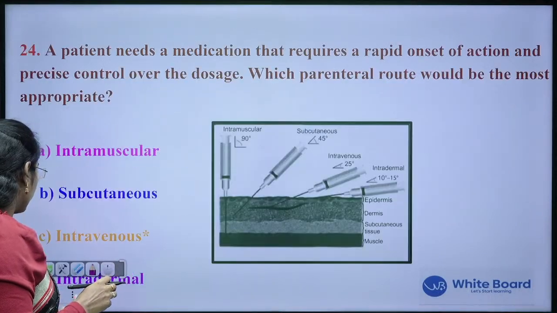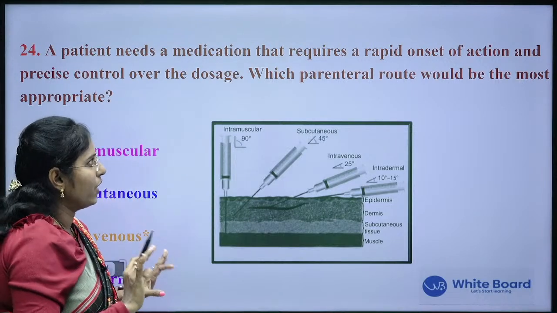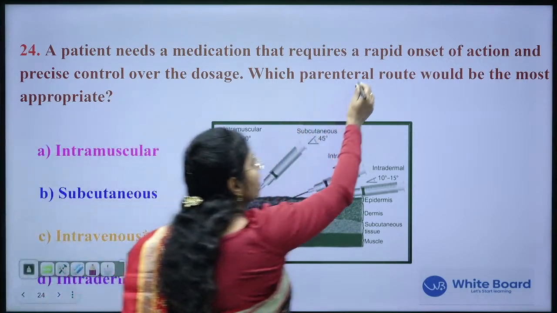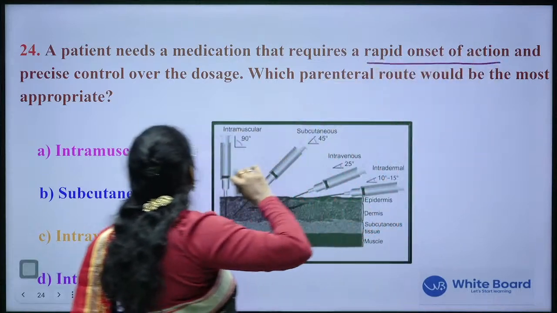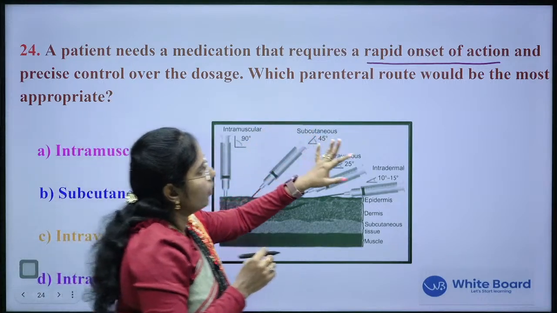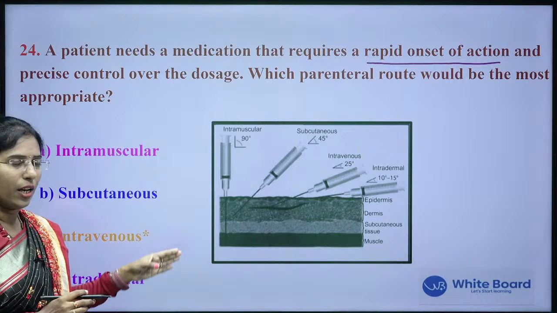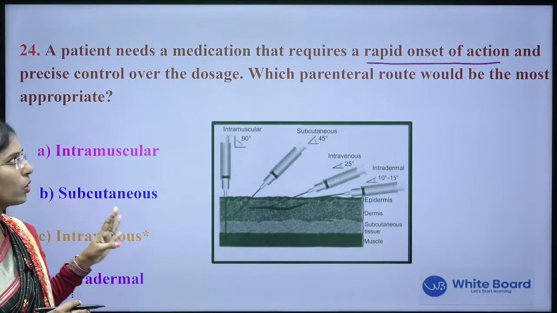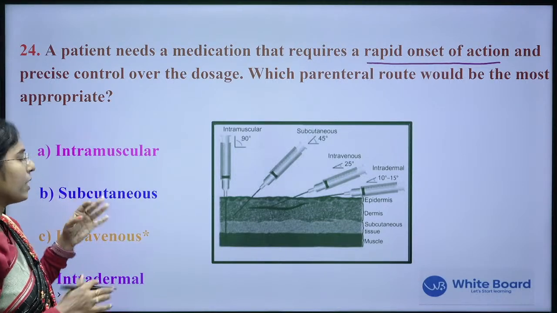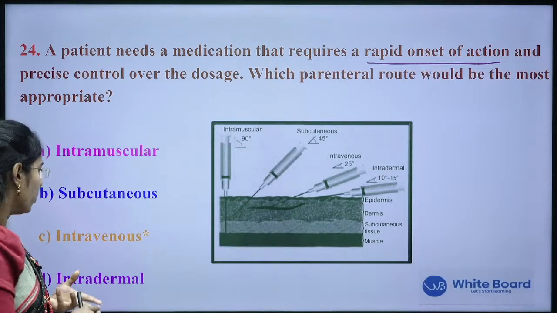Coming to the next question, 24. A patient needs a medication that requires a rapid onset of action and precise control over the dosage. Which parenteral route would be the most appropriate? Generally parenteral routes are available in 4 types: intramuscular, intravenous, intradermal and subcutaneous.